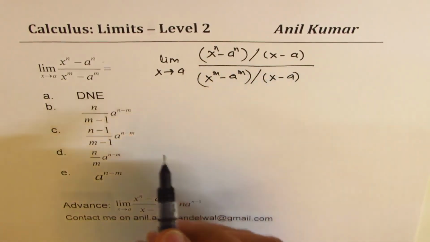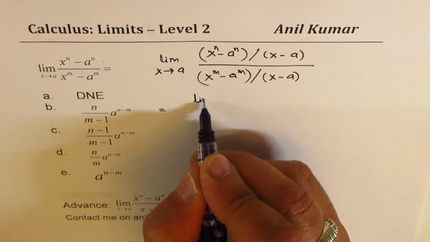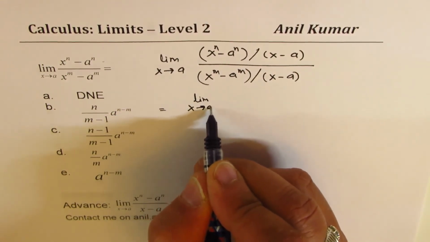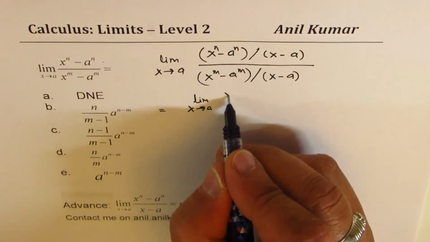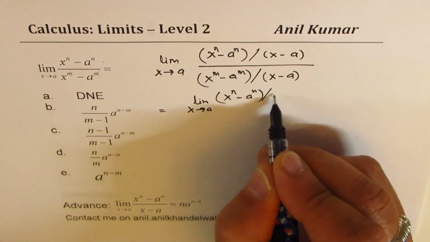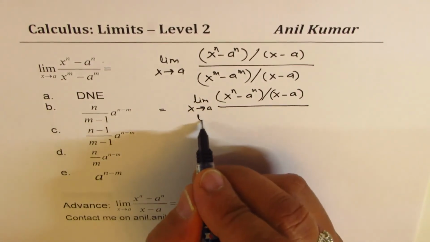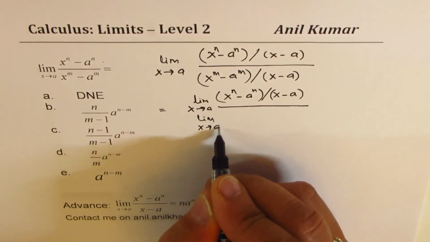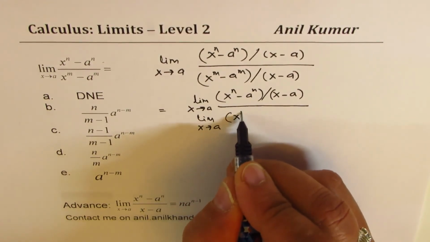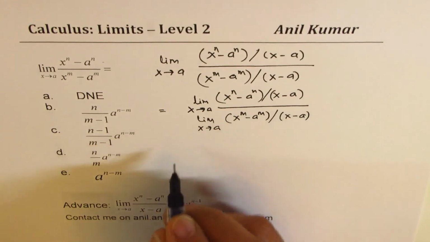Divide both numerator and denominator by x minus a. So you could write this as limit x approaches a for the numerator, which is x to the power of n minus a to the power of n divided by x minus a, over limit x approaches a for x to the power of m minus a to the power of m divided by x minus a, correct?